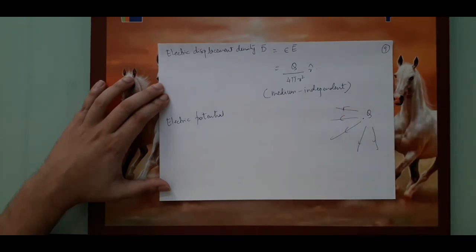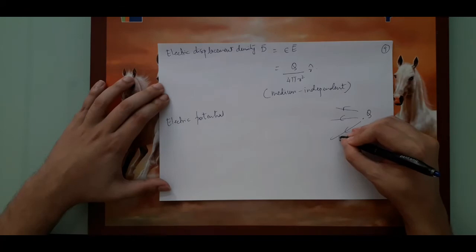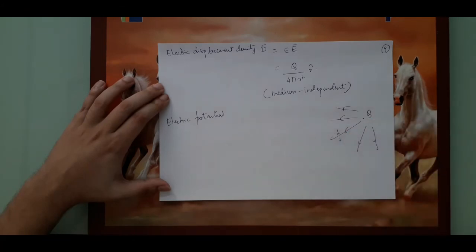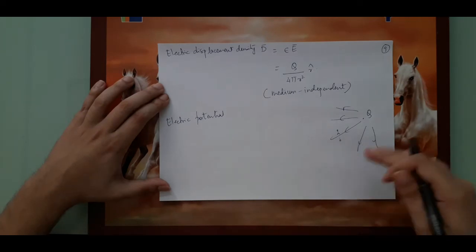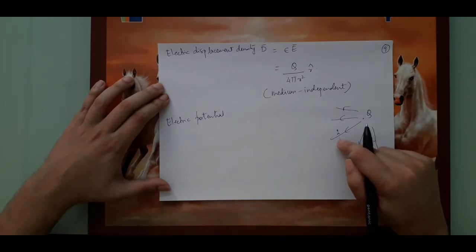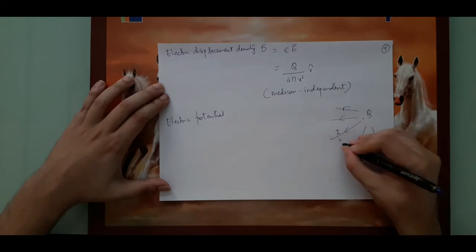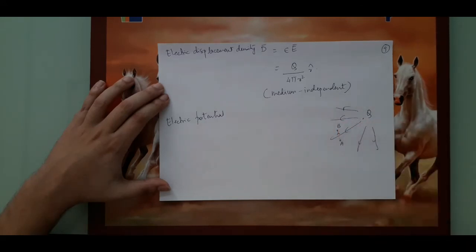Now inside this electric field, if I am moving a unit charge from one point to another point, then in some sense I am doing work against this electric field. So the work done by somebody else to move a unit charge from one point to another, let us say A to B, that is called potential.